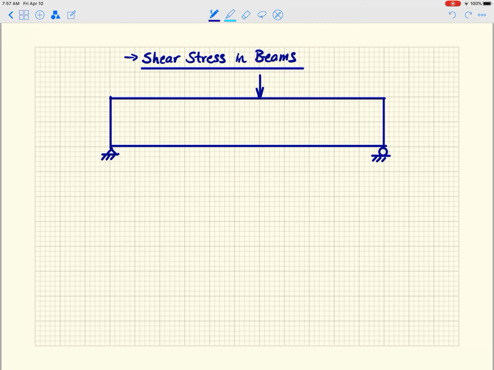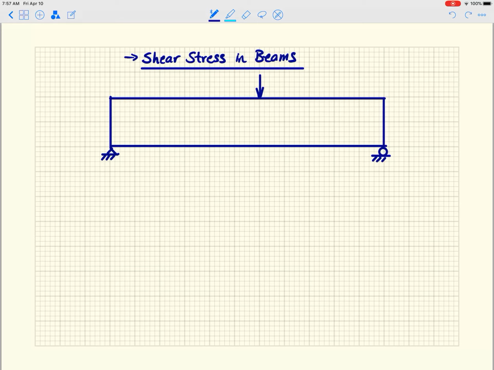As I've mentioned many times, the sign convention we use for shear force isn't that important. The sign convention that we use for shear stress, however, is actually pretty important, and we will get into that. But there's a good, clear definition for that.